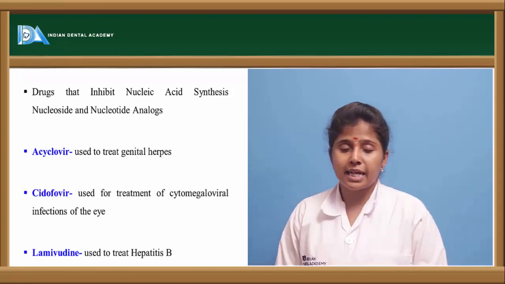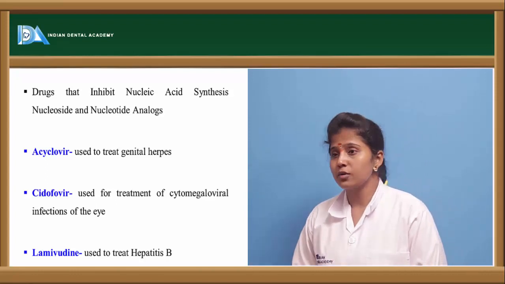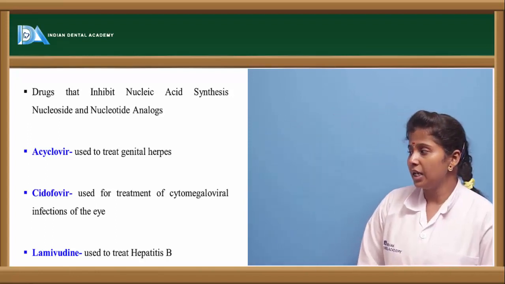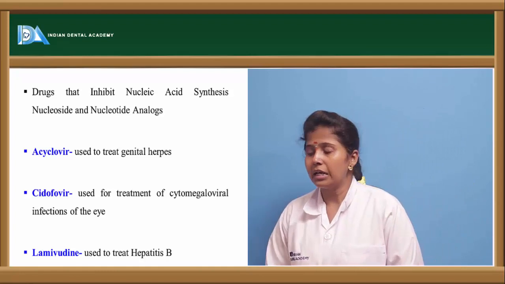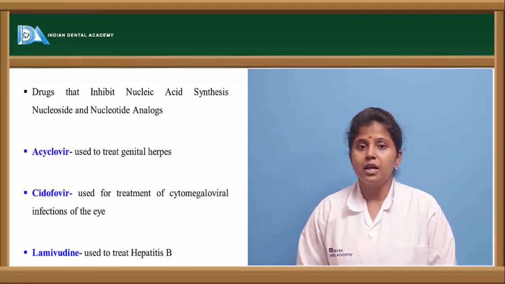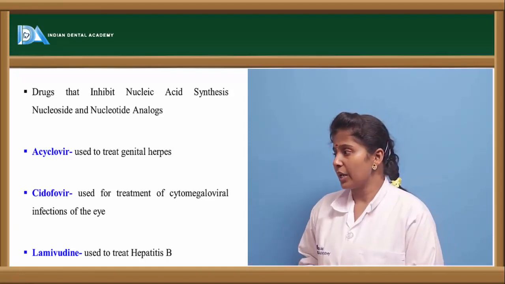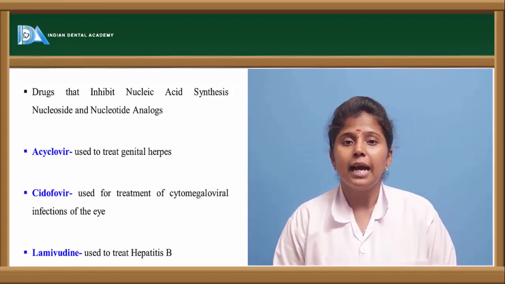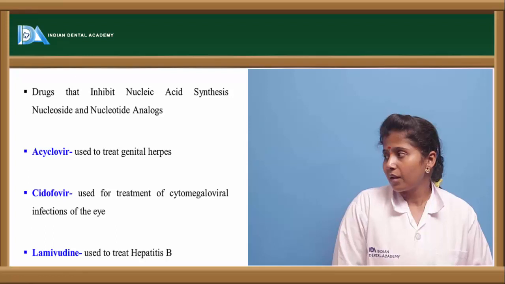Drugs like acyclovir, which is very useful against genital herpes, and cidofovir, which is used against cytomegalovirus infections, are very effective against these viral infections of the eye. And lamivudine is a drug which is used against the hepatitis B virus.